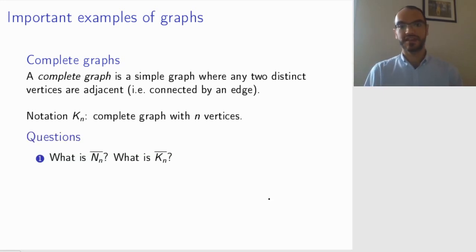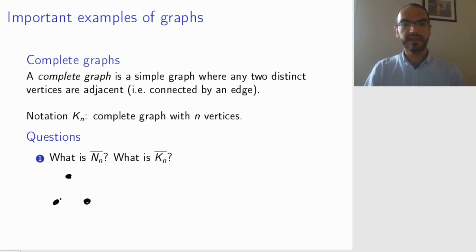Let's test our understanding. Pause this video to go back and revise the definition of the complement of a graph, and come back to answer the question: what is the complement of the null graph, and what is the complement of the complete graph? Okay, so let's look at the answers. If you have, for example, N3, that's this graph.